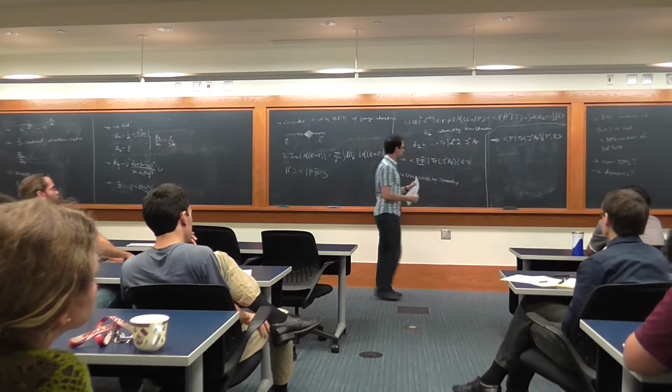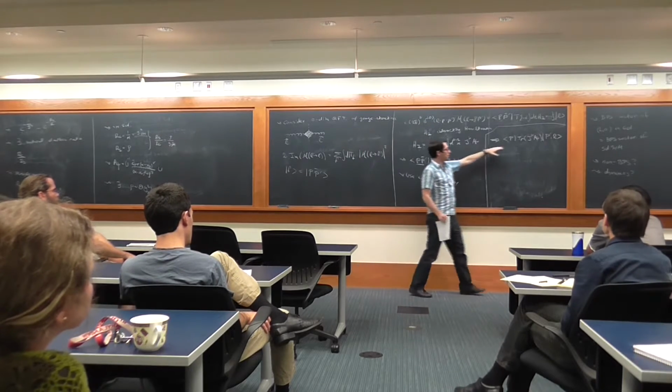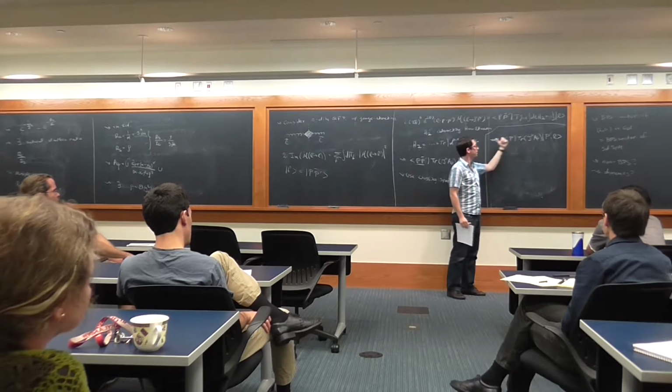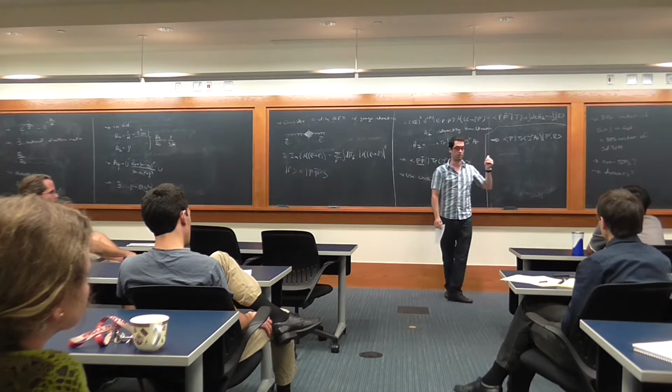Now note that this crossing symmetry has done something non-trivial. It's taken me from the zero topological sector to a topological sector of charge 1. Okay, I've taken this anti-soliton, which was an outgoing state, and I've made it an incoming soliton state.